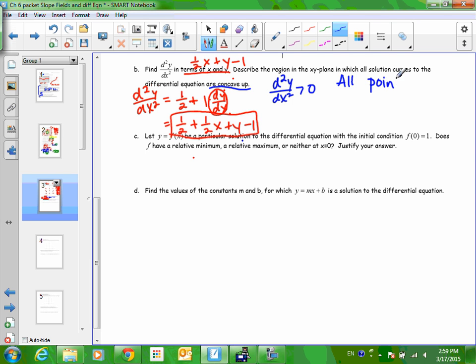All points such that, and then let's write our second derivative. And if you wanted to make that 1/2 plus 1 a -1/2, that's great. You didn't have to do that though, but that would have been okay. You guys see what I did? 1/2 minus 1, that's a -1/2.